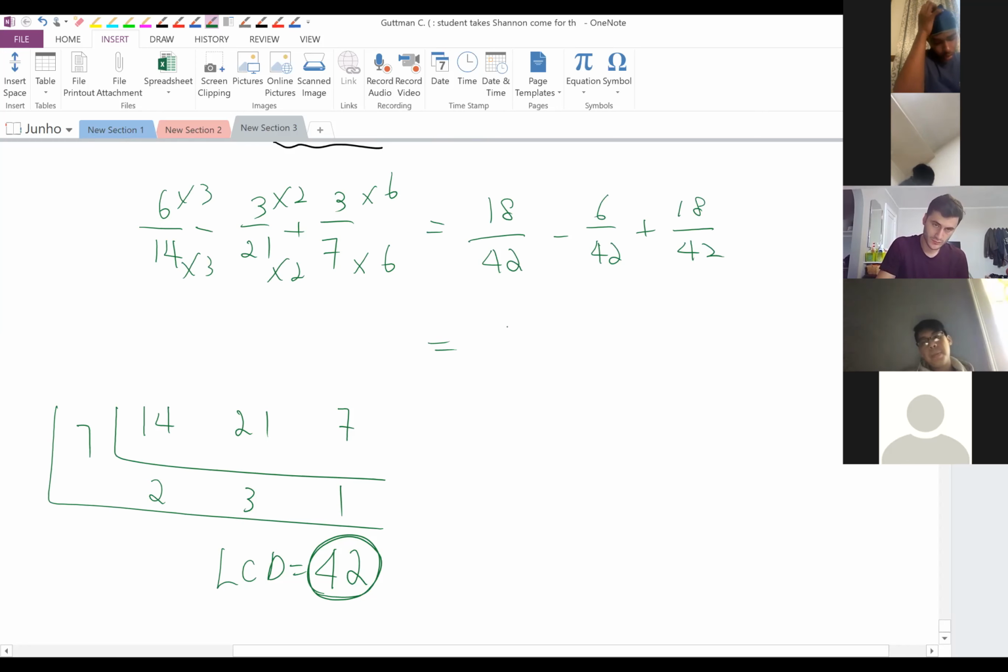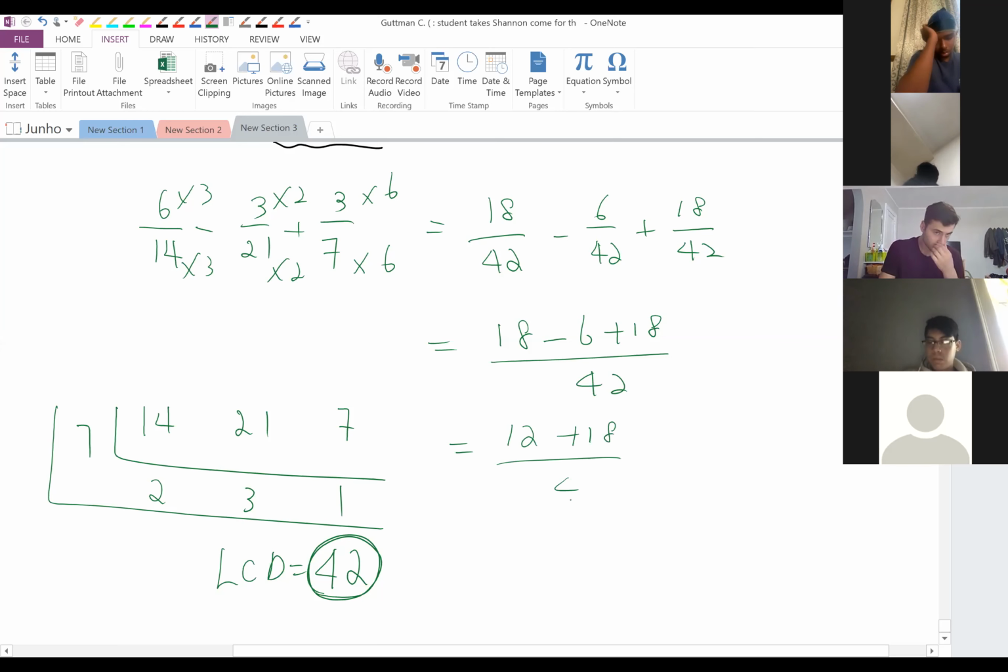Then the answer becomes 18 minus 6 plus 18 over 42, so 12 plus 18 over 42, which is 30 over 42. Okay, we need to simplify though.